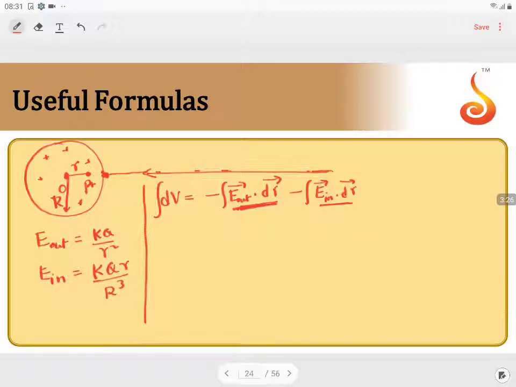To get the total work done, we integrate. The work done in moving a unit positive charge outside will be different from inside. So I gave you two formulae, and you have to add these two works done.